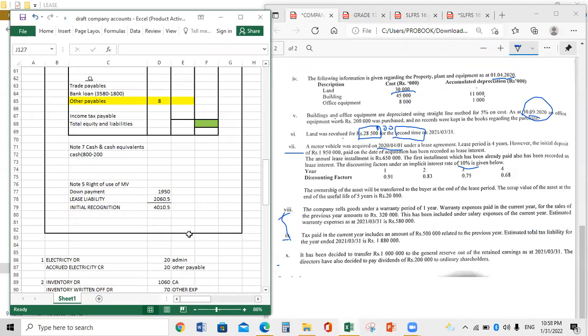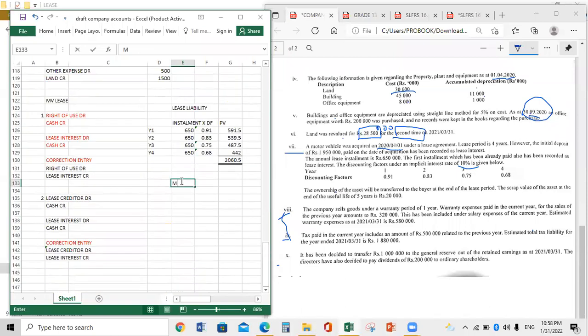Cost is 4,10,500. Okay. And guys, what is the useful life? 5 years. And what's the residual value? 20,000. Calculate depreciation for motor vehicle. Calculate, guys. What is the initial recognition value? 4,10,500 minus the residual value of 20,000, and then divided by the useful life.